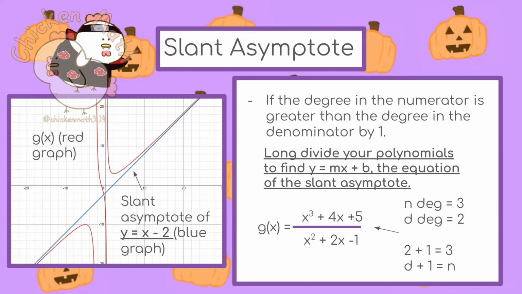We can see that the numerator has a degree of 3 and the denominator has a degree of 2. And since 3 is 1 greater than 2, we know that we can find a slant asymptote by long dividing. And so we can see that the quotient from dividing the numerator by the denominator is x minus 2. And we ignore the remainder for finding the slant asymptote.